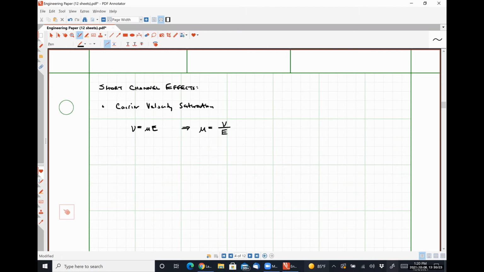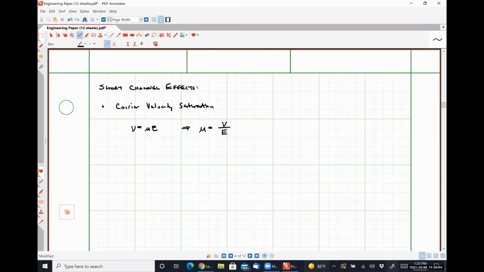In truth, mobility and electric field are not necessarily linearly related like what it looks like here. In practice, if we apply a very, very large voltage VDS, what are we doing?